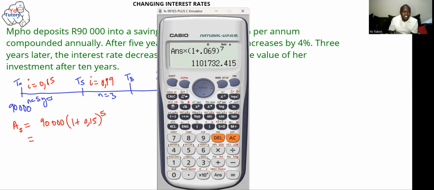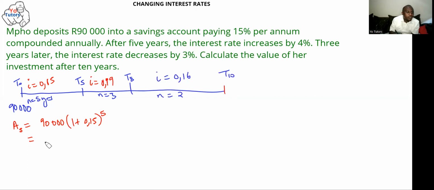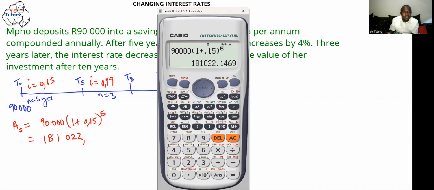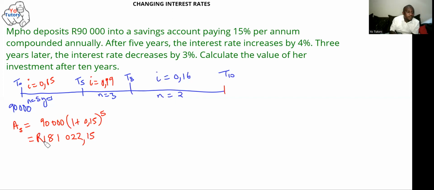Let's see what we get. 90,000 times 1 plus 0.15 to the power of 5. We get 181,022.15. Now that's the first amount.